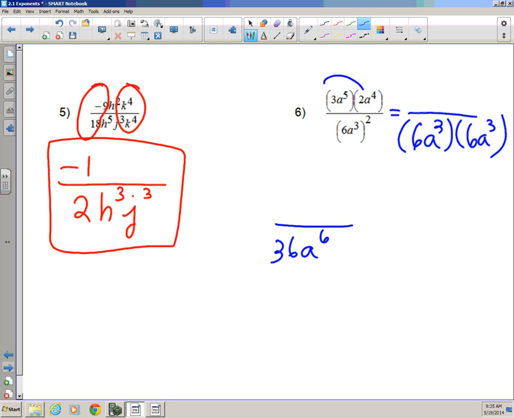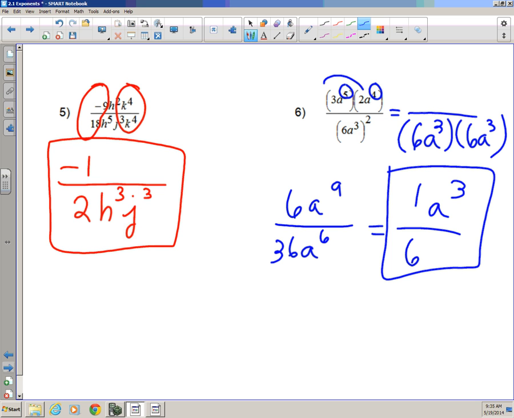On the top, 3 times 2 is 6, a5 and a4 is a9. Now I'm going to be able to simplify this, and I'm going to say, okay, well, 6 out of 36 is just 1/6, and there are more a's on the top by 3. And let's go on to the next one.